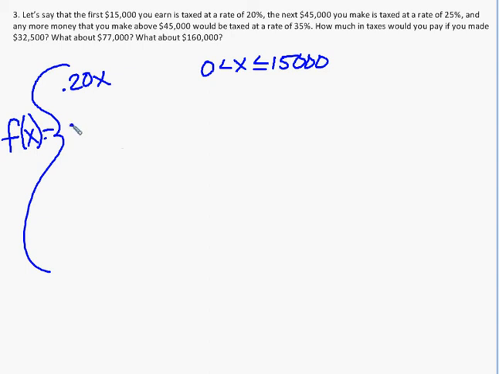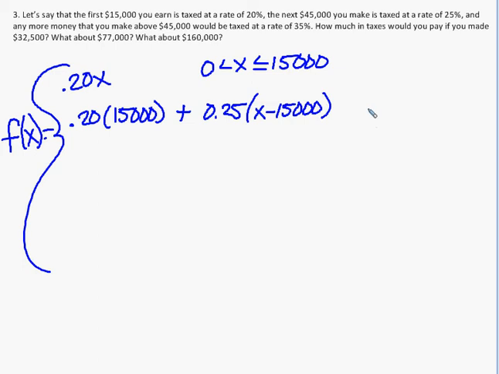So we're still getting taxed the 20% for the $15,000, plus now it's going to be 25% for anything over the 15,000. And then for our notation here, it's going to be between 15,000 and 45,000. So 15,000 is less than x, less than or equal to 45,000.